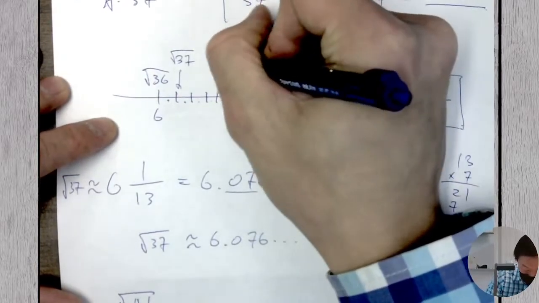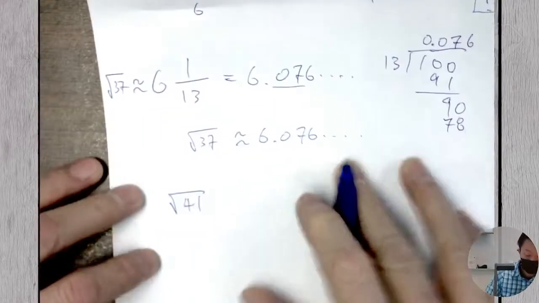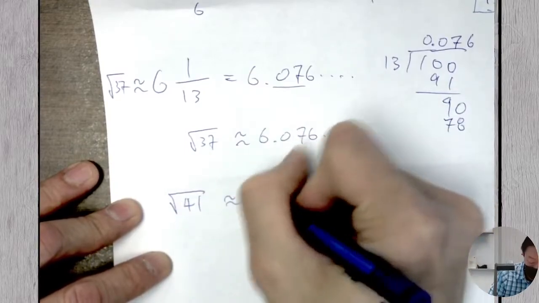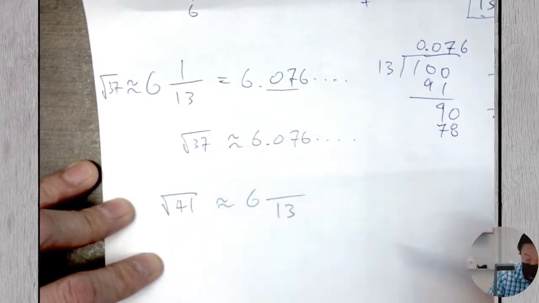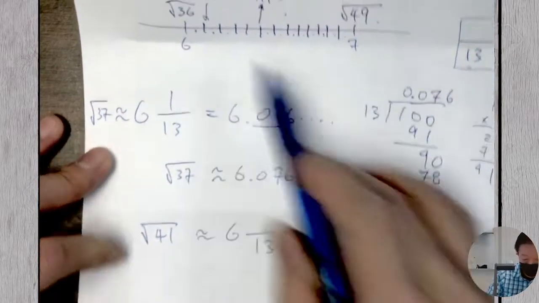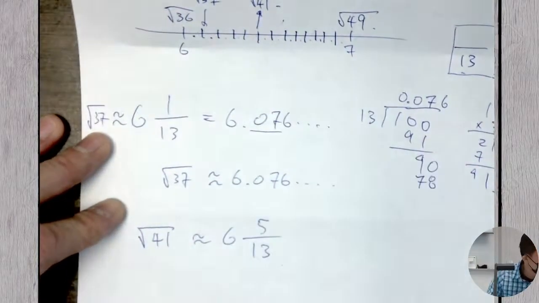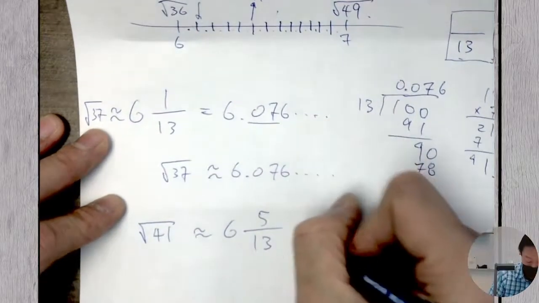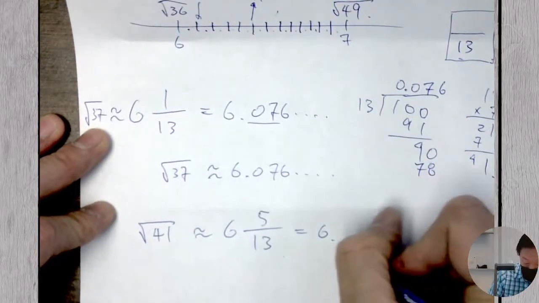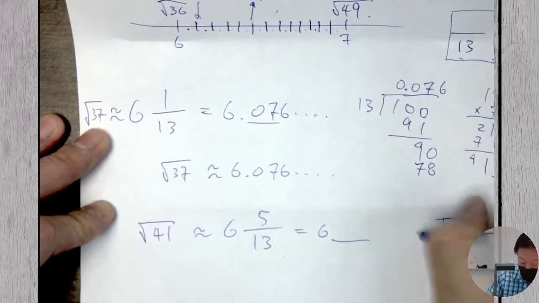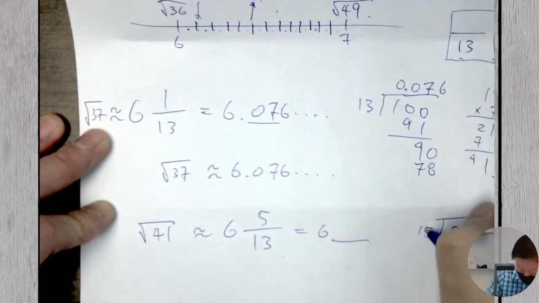So 41 is going to be approximately equal to 6 and how many steps in 13 steps? 1, 2, 3, 4, 5. All right? Then you can say this is 6 point something, and then you figure it out from here. Sorry, that'd be 13.